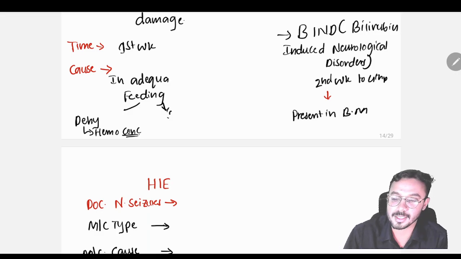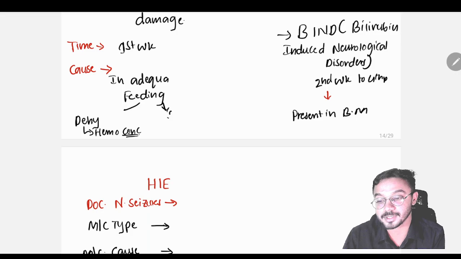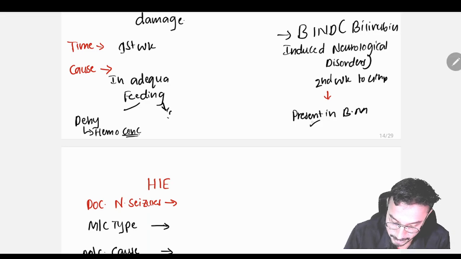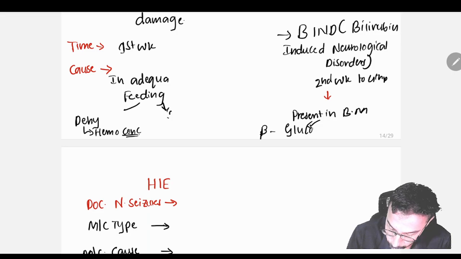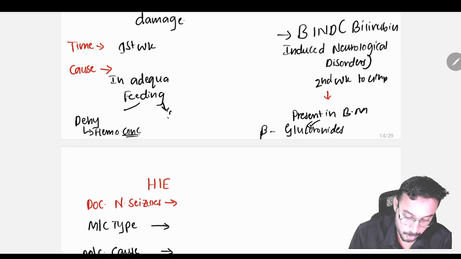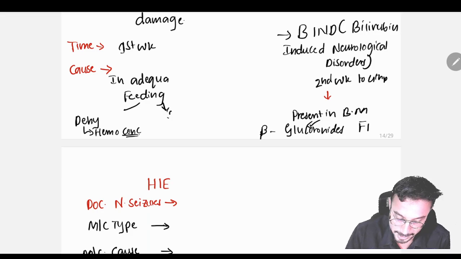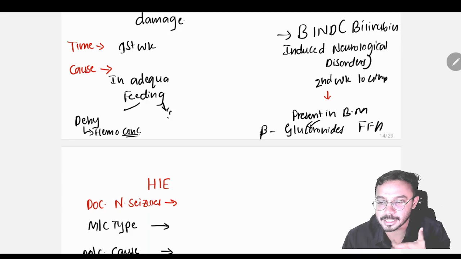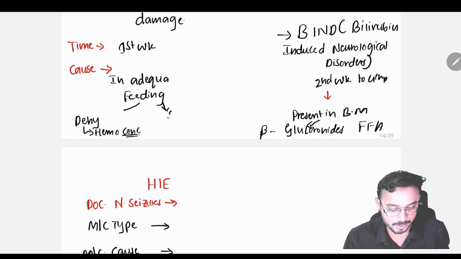There are some substances in the breast milk which cause jaundice, known as breast milk jaundice, such as beta glucuronidase and free fatty acids, pregnanediol. These are all components present in the breast milk that cause the jaundice.